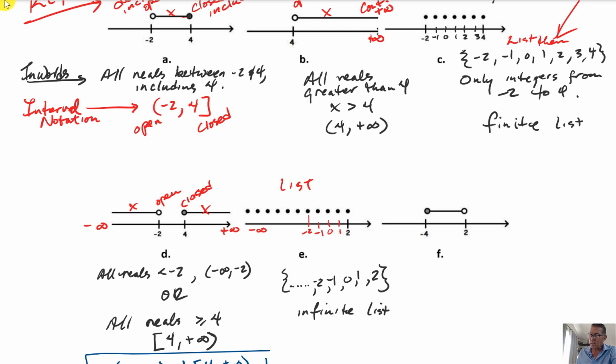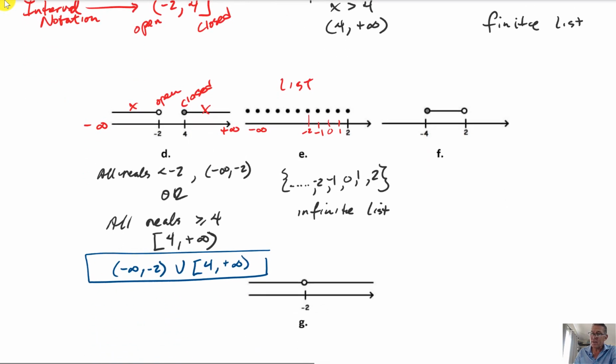Okay. Now graph F is different. So F, it's all reals, or all numbers that include -4, but do not include 2. So we're closed at -4, but we're open at 2. So it's all reals from between -4 and 2, including the -4, but not 2.